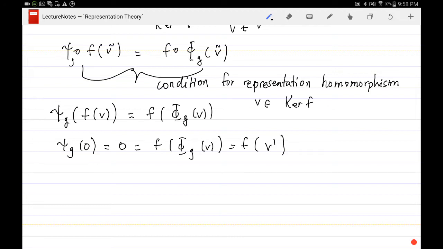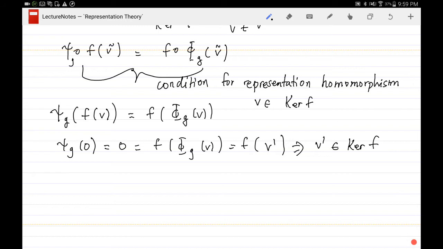So phi of G acting on V is another vector V prime. And then F will send V prime. So what will it send it to? Well, by the calculation here, it sends it to 0. Well, what does that mean? It means that V prime is in the kernel of F.